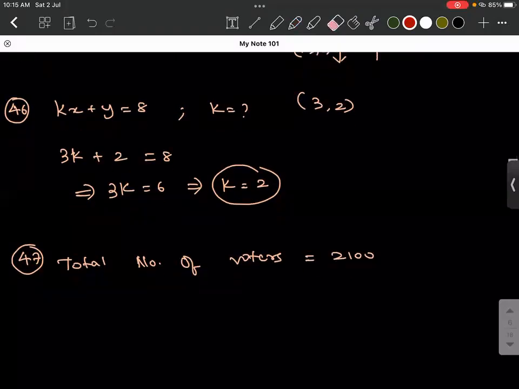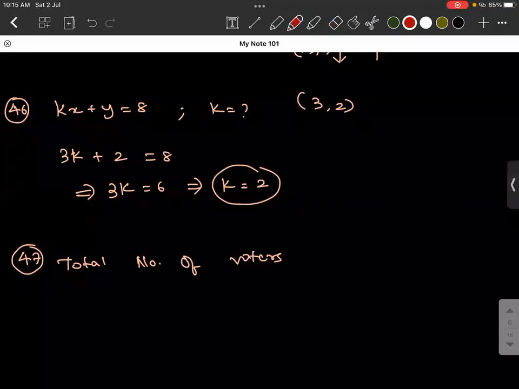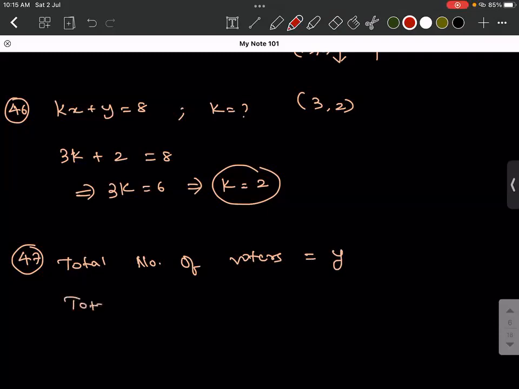They gave the total number of voters, let's say Y. Total number of voters who cast their vote, 2,100.